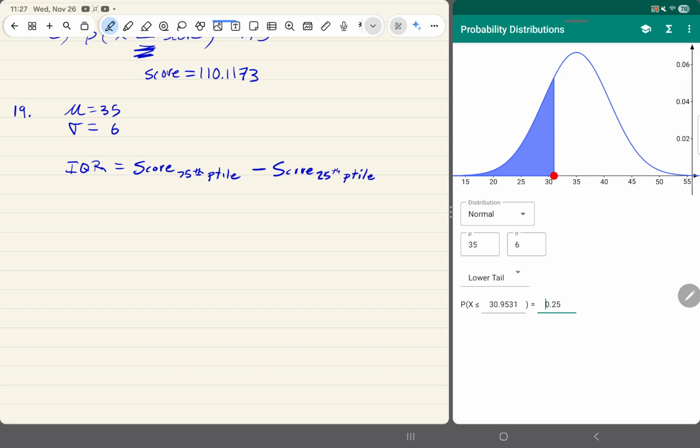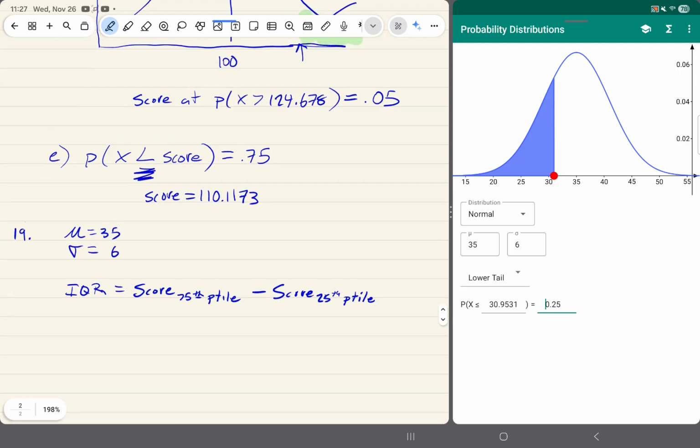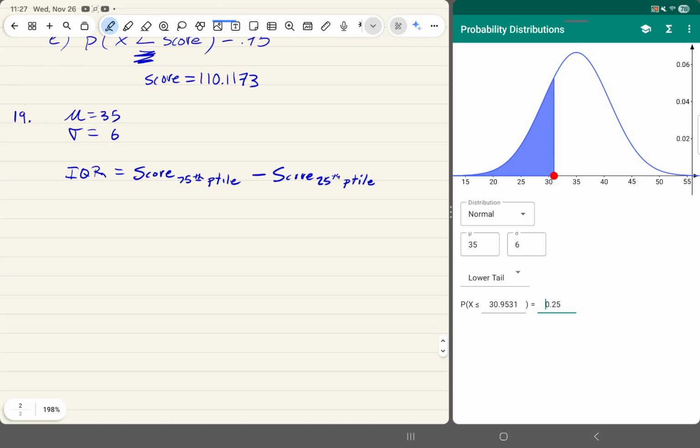So the first thing we need to know is the score at the 25th and the 75th percentile. In a way, that's similar to what we were asked to do in question 16D and E. We need to enter a probability value or a proportion and determine what score is associated with that.